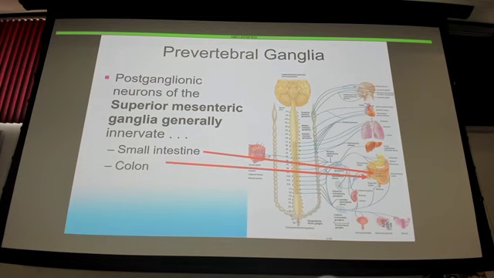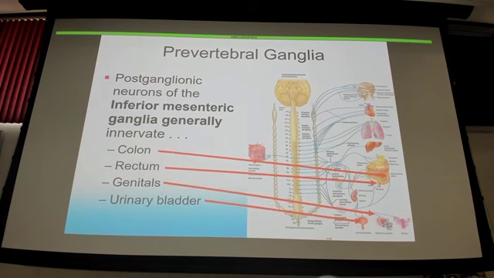And so the superior mesenteric ganglia generally send postganglionic axons out to areas like the small intestine and the colon. The inferior mesenteric ganglia send things out to the rest: the colon, the rectum, the genitals, urinary bladder. Still things below the diaphragm. We're just specifically talking about those ganglia.